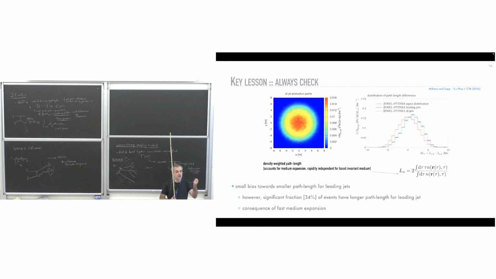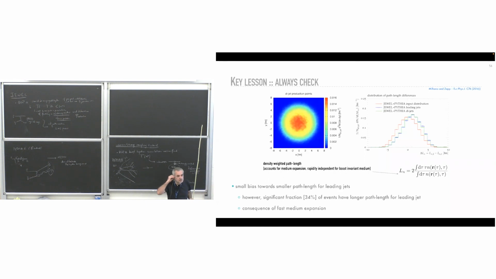When I make a choice, I say I want to observe a jet with more than 100 GeV. There is something called surface bias. I'll be more likely to detect things that started closer to the surface, because the other ones would have lost more energy, et cetera.